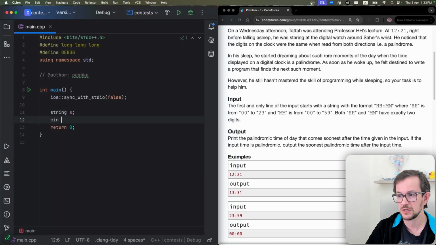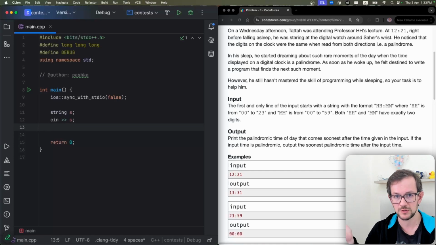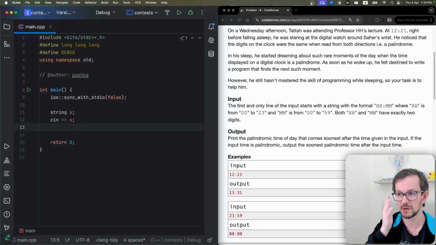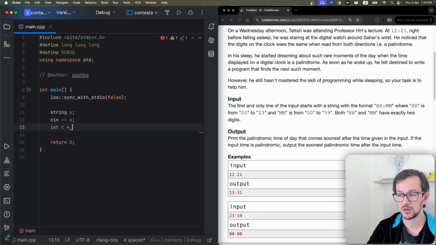Nothing really interesting here, and there are many ways to do it. Basically, you just iterate over all possible times in one day. You have 24 multiplied by 60 possible combinations of hours and minutes, and you just iterate over all of them and find the closest one which is a palindrome.